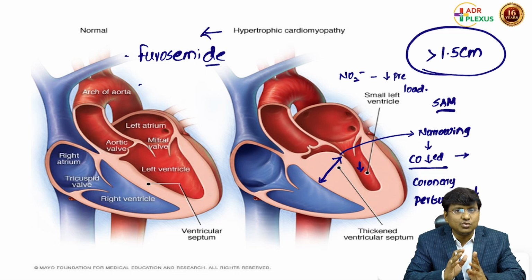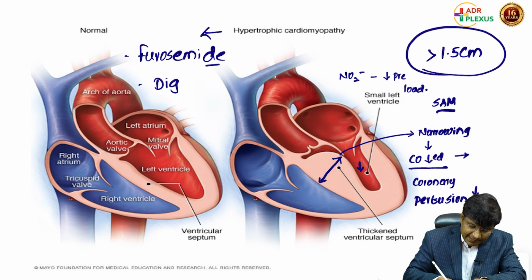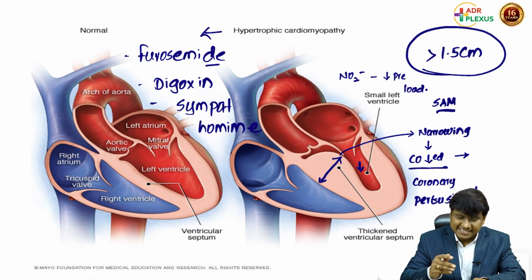And the next two other drugs which will increase the cardiac contractility are digoxin and sympathomimetic amines.